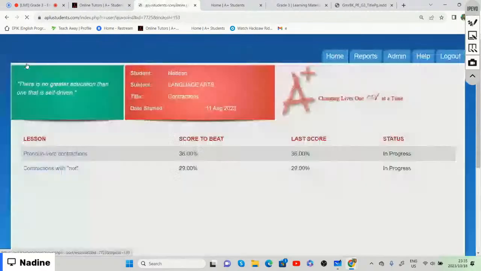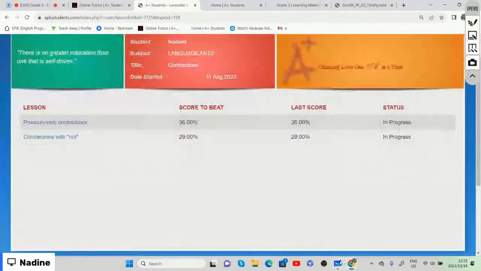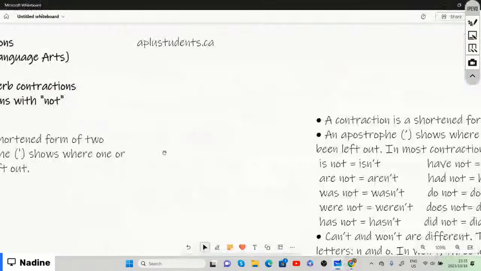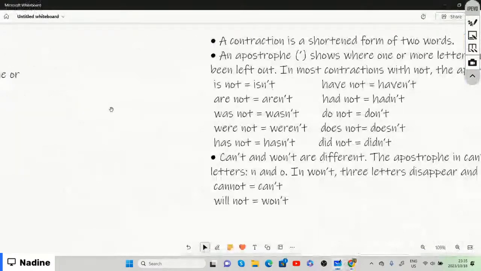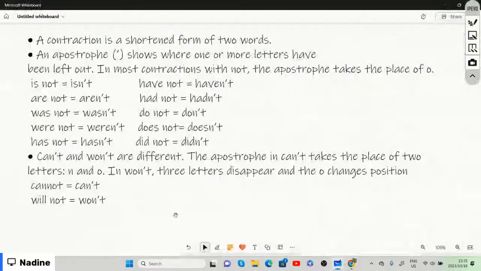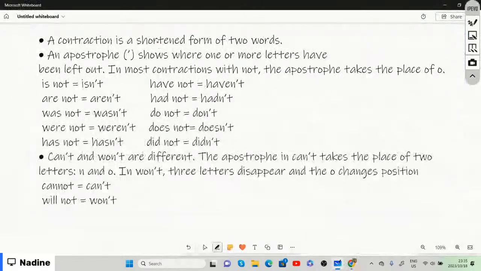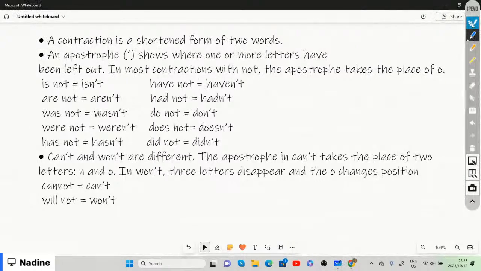All right. So before we go to contractions with not, a contraction is a shortened form of two words. We made an example of she is, and then we said our contraction is she's. We made an example of he is, and we said our contraction is he's.